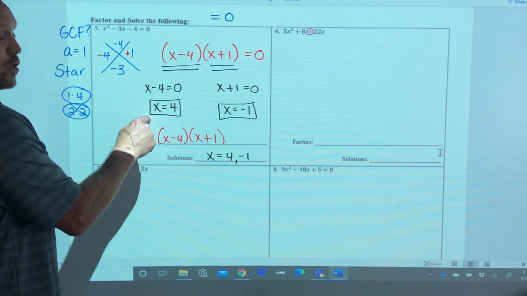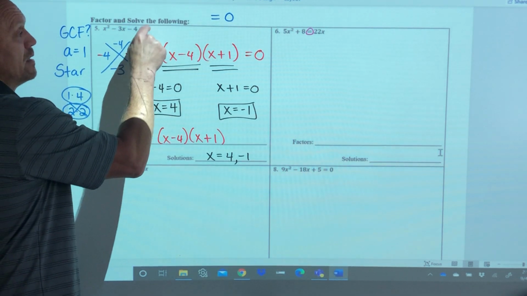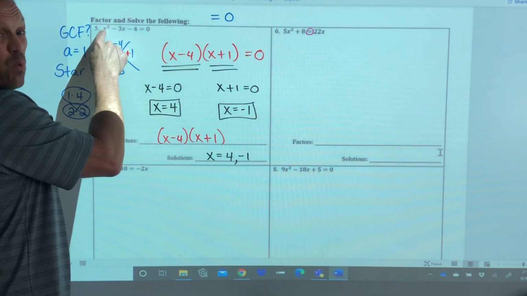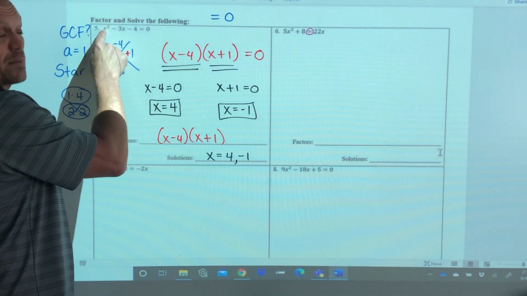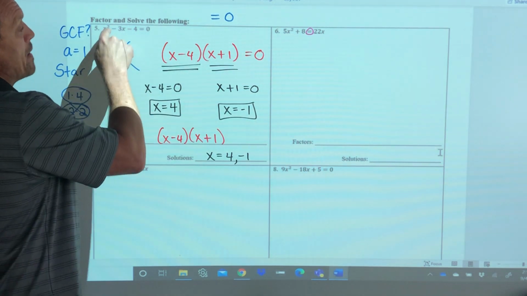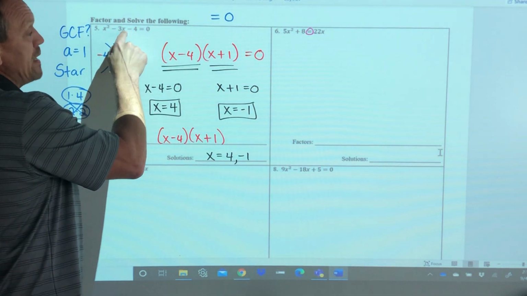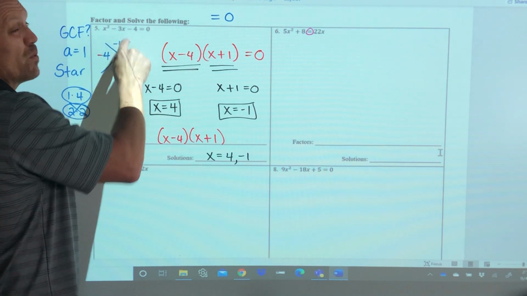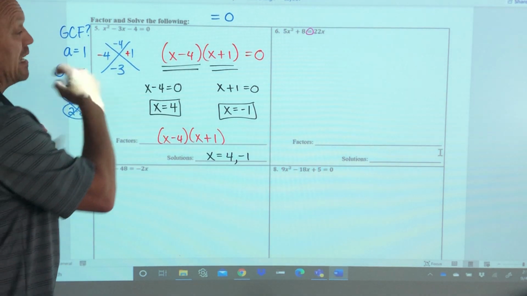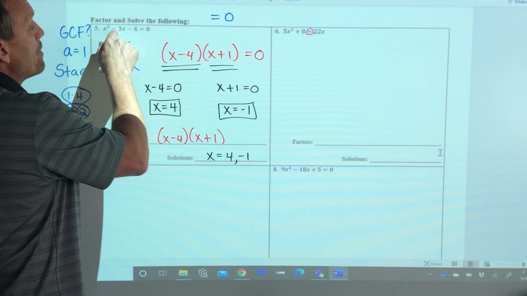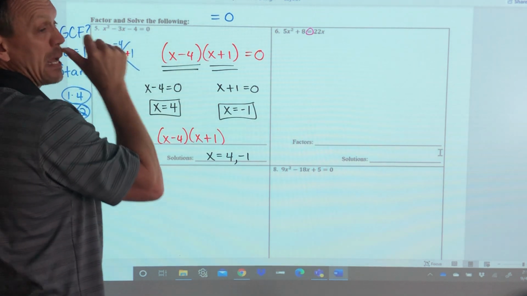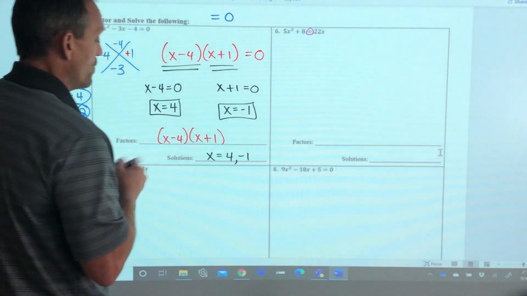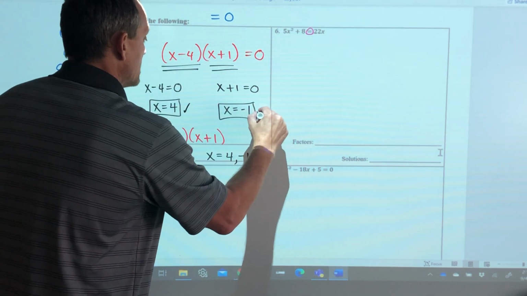We're finding solutions that'll plug into there to make it equal to 0. Negative 1. Negative 1 squared is negative 1 times negative 1 is 1. Minus 3 times negative 1. Negative 3 times negative 1 is positive 3. So I have 1 plus 3 equals 4. 4 minus 4, 0. So they're both valid.